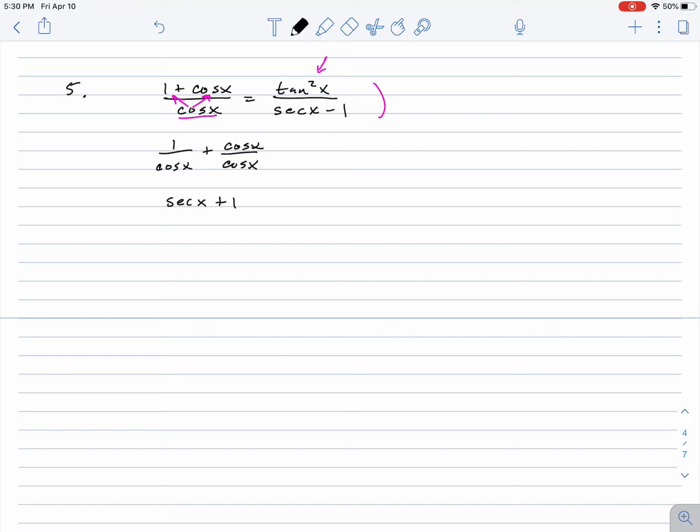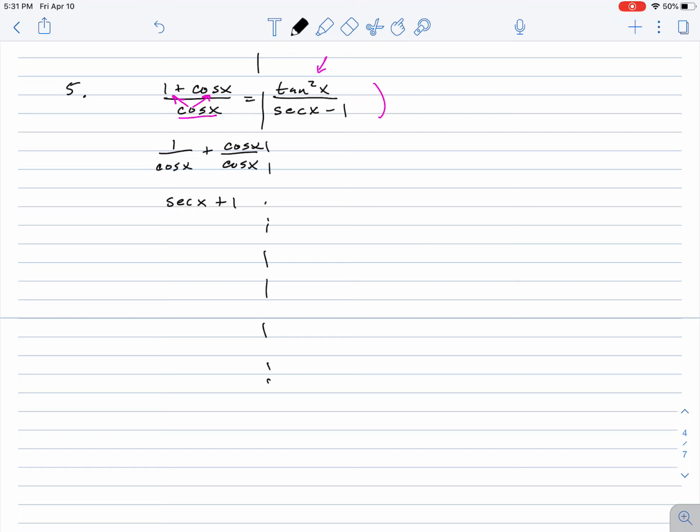Now, what you can do is you are allowed to work on both sides of the equation. You just can't move anything over there. So I could draw my divider line just so I don't get tempted to move things and say, okay, I've kind of pulled this secant down to its bare bones. Let me go over here and see what happens.